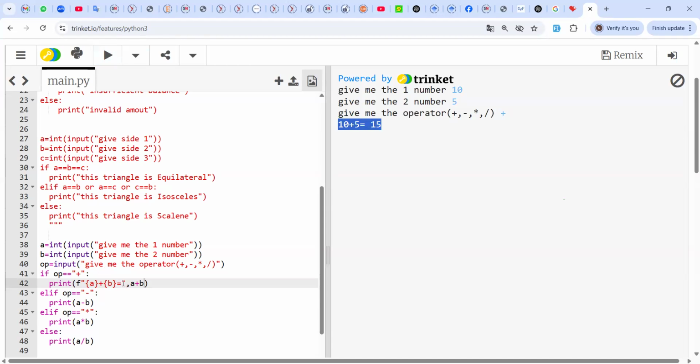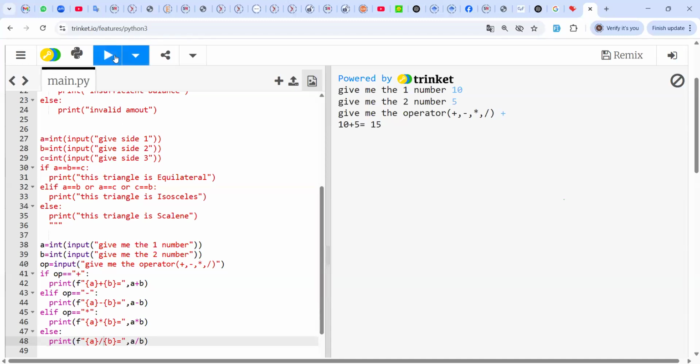And we can do it for all the prints we have in here. We just need to make a little bit of modification in the f-string.